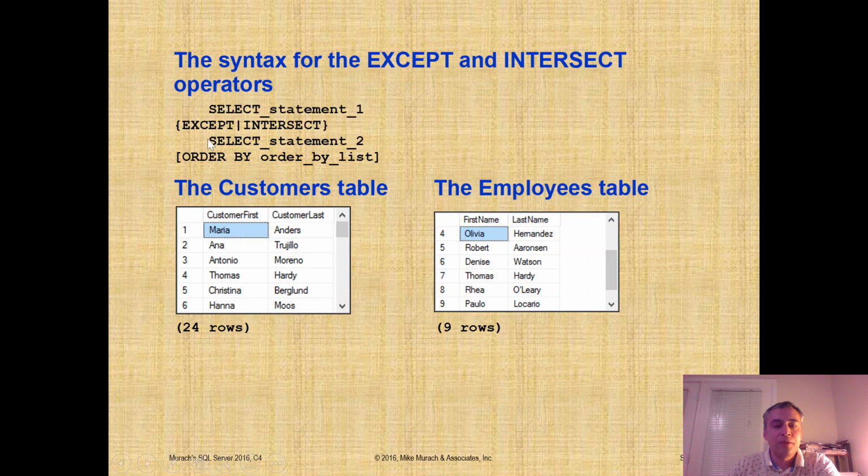These two select statements should return the same type of columns and the same number of columns for except or intersect to work. Intersect basically takes only the rows that are common between first and second results in corresponding the select statements.